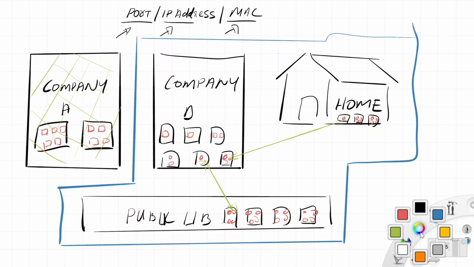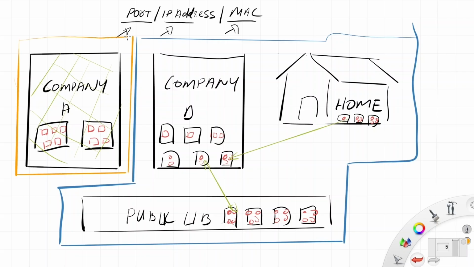So let me draw the network perimeter for company A. Company A's network perimeter is this because it's completely private. No one else accesses it. So there are a couple of different entities here. One is different computers in company A. Now there are different programs running inside computers. So there are so many different clients and servers like we developed, and they can communicate with each other in company A. Internal communication has to be done.